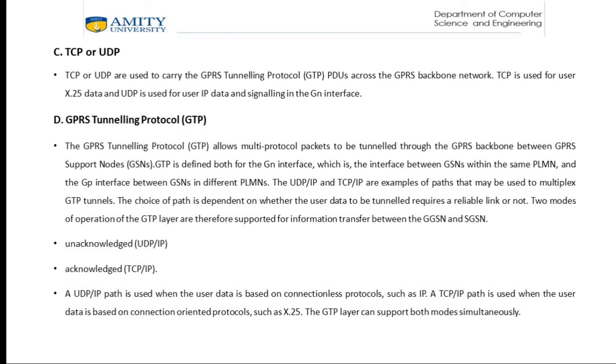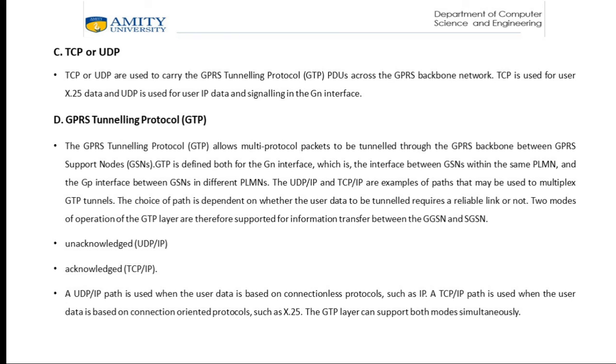UDP/IP or TCP/IP are examples of paths that may be used to multiplex GTP tunnels. The choice of path is dependent on whether the user data to be tunneled requires a reliable link or not. Two modes of operation of the GTP layer protocol are therefore supported for information transfer between the GGSN and the SGSN.